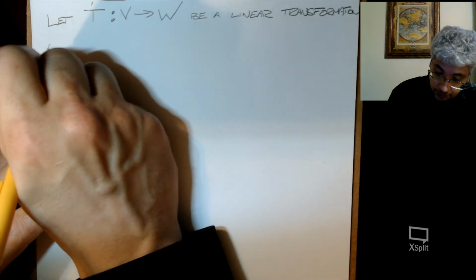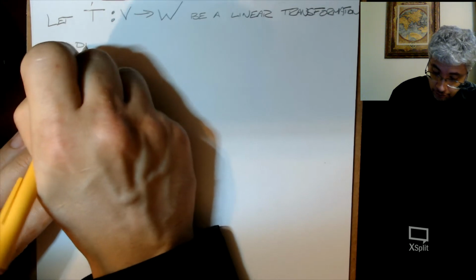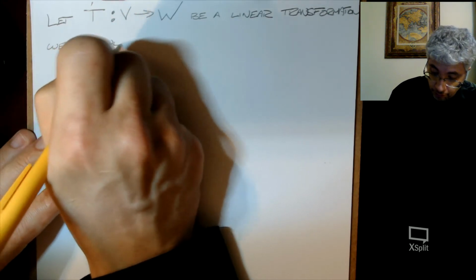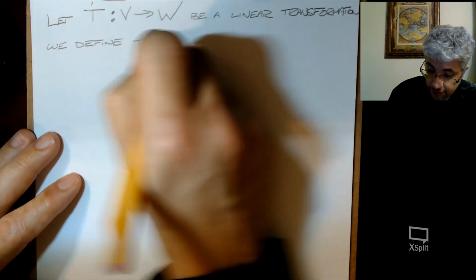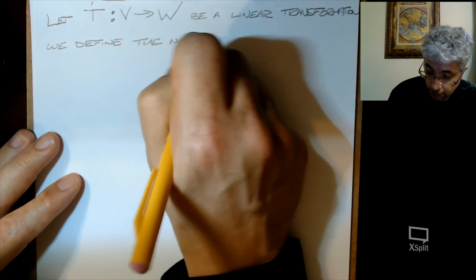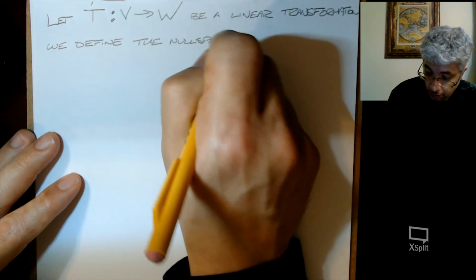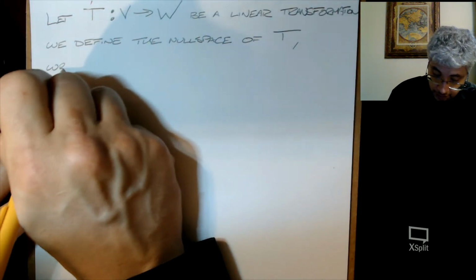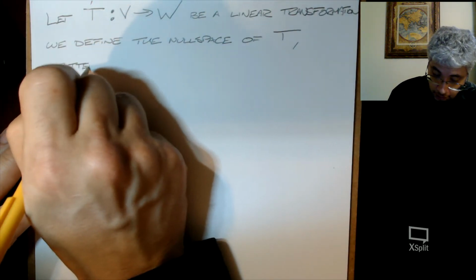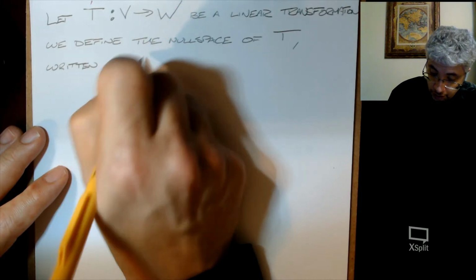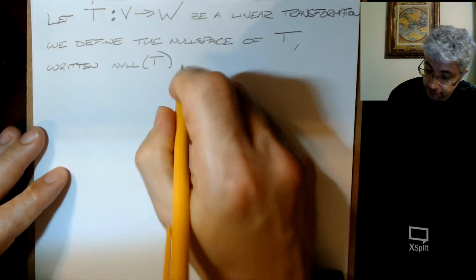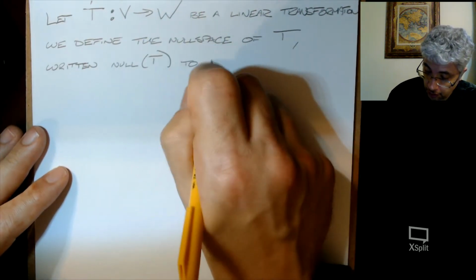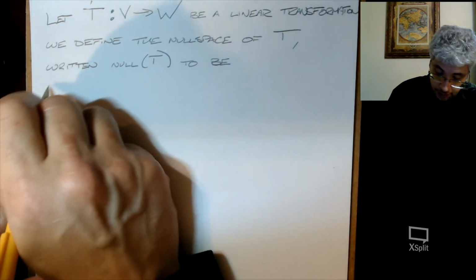We define the null space of T, which is going to be written null T, to be the set of all v in V so that T sends v to 0.